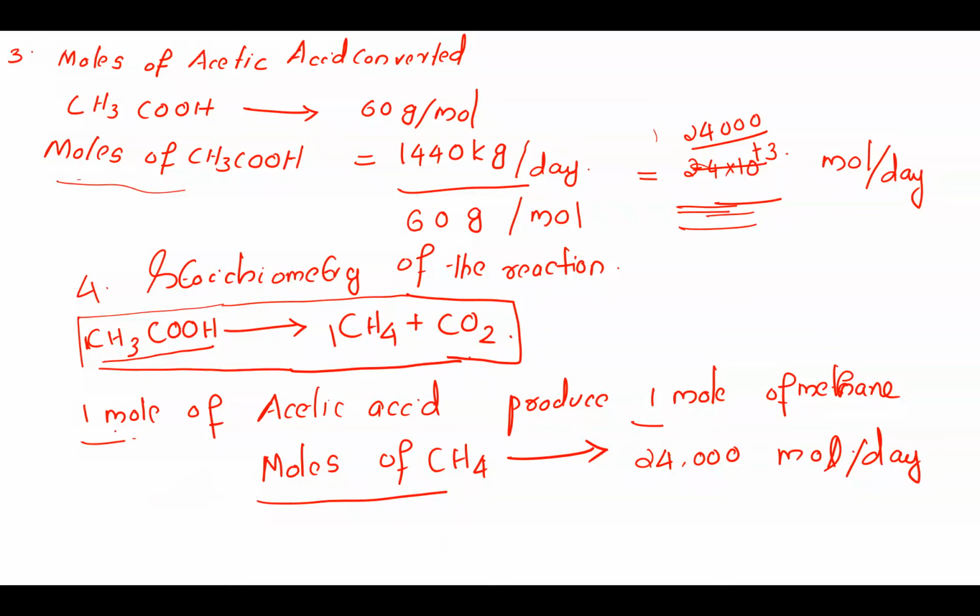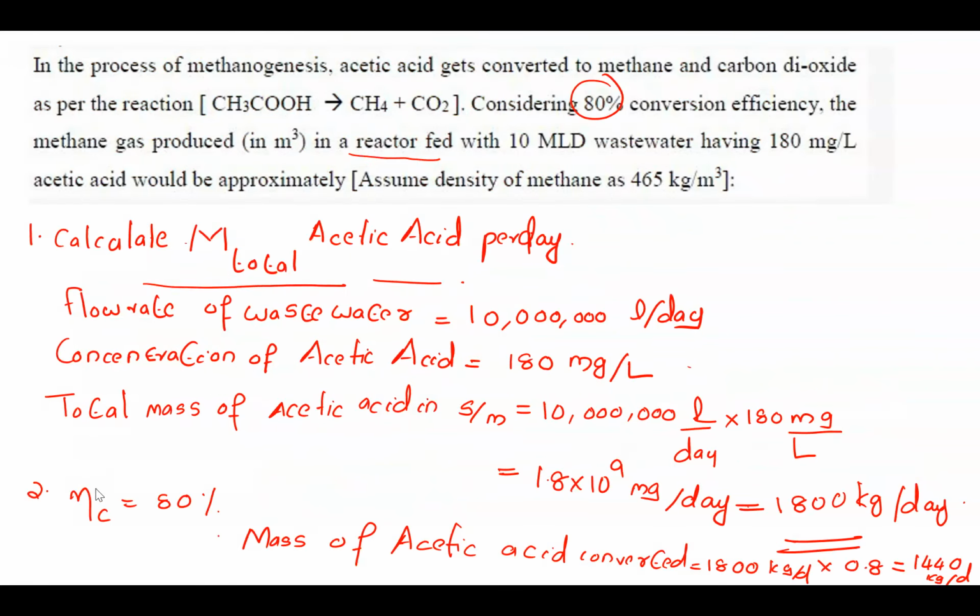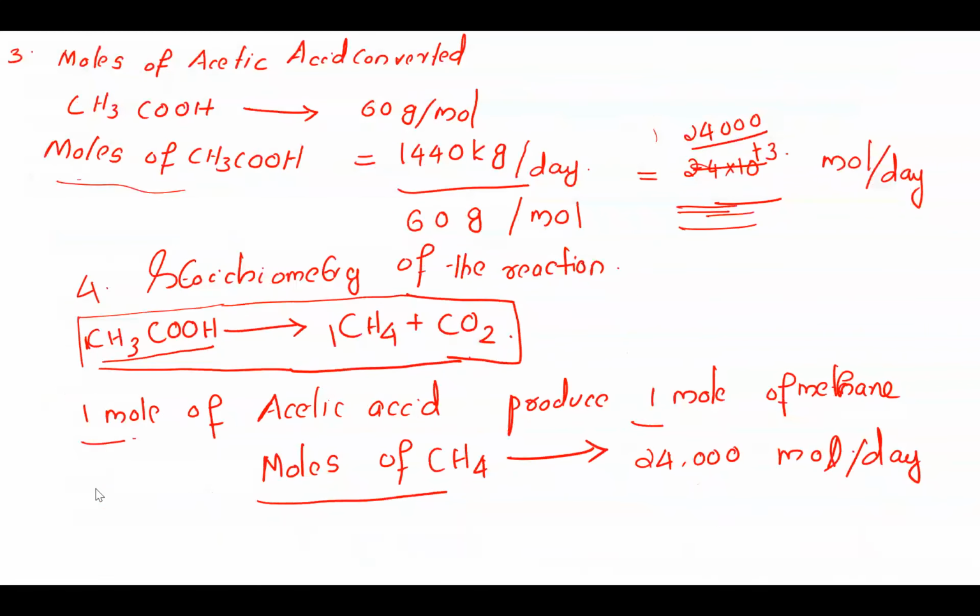Okay. So from here, you have to convert the moles of methane into mass. Now that we can do. Till here you got it, right? Now what we have done is we have calculated the total mass of acetic acid, and from the balanced equation, 1 mole of acetic acid means 1 mole of methane, so we correlate the amount of acetic acid converted with the amount of methane produced.